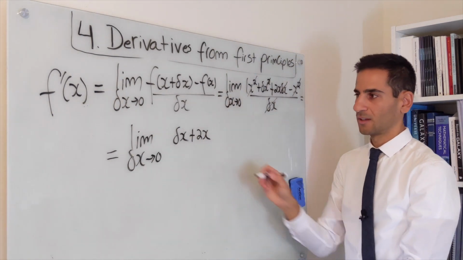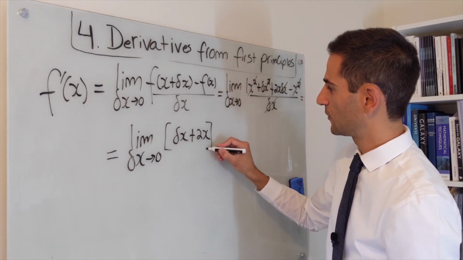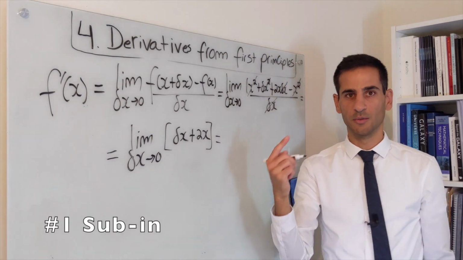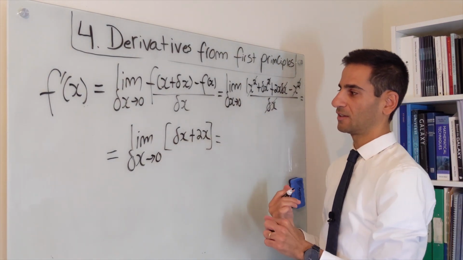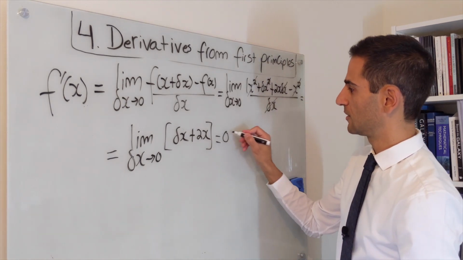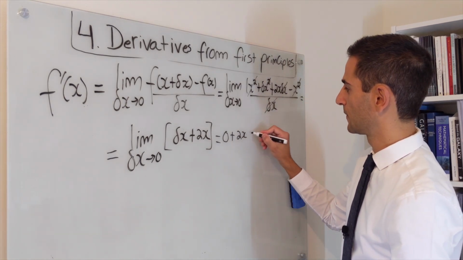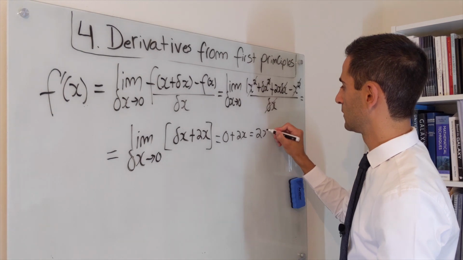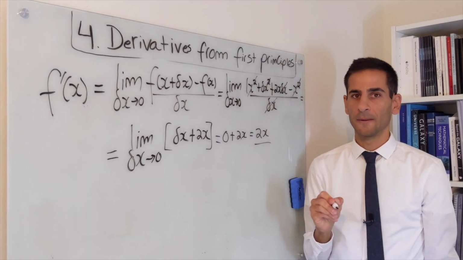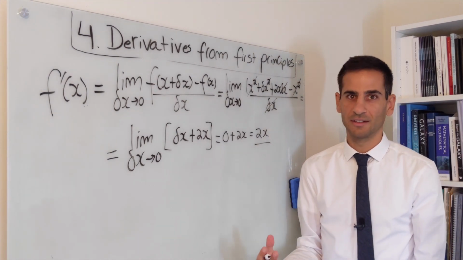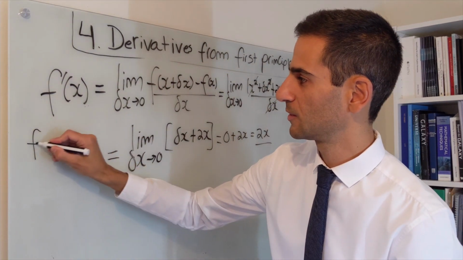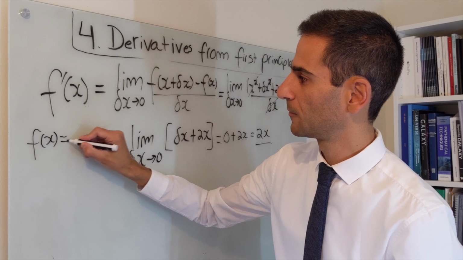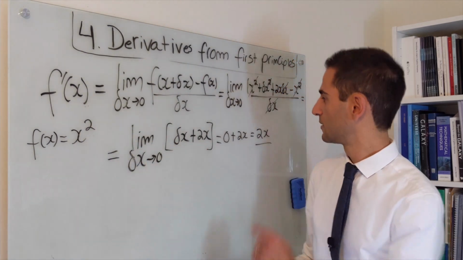2x. So this is one of the straightforward limits where you go to number 1 of ways to solving limits, which is you can actually sub in. This is 0 plus 2x, which is equal to 2x. So it's not surprising that the derivative of x squared, remember this was the function we were looking at, is 2x.